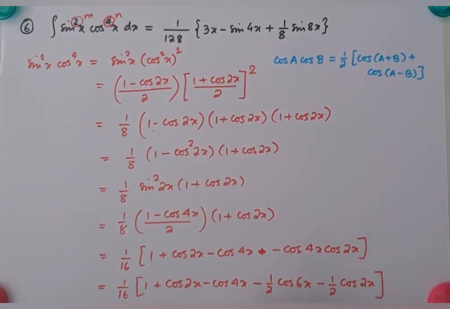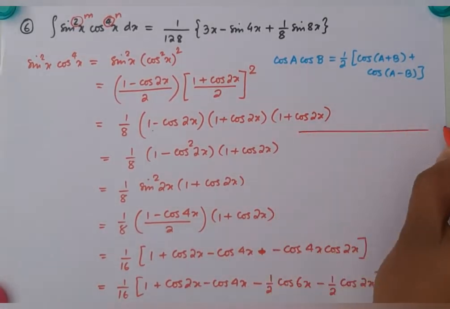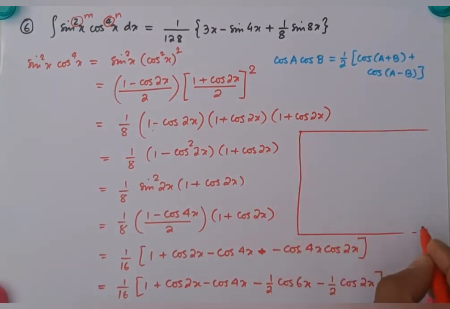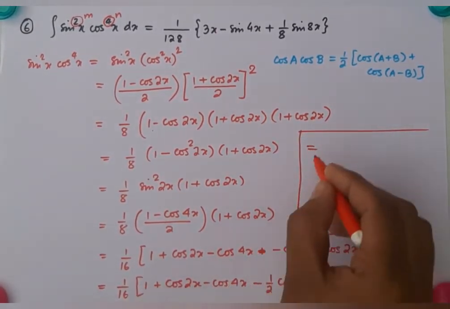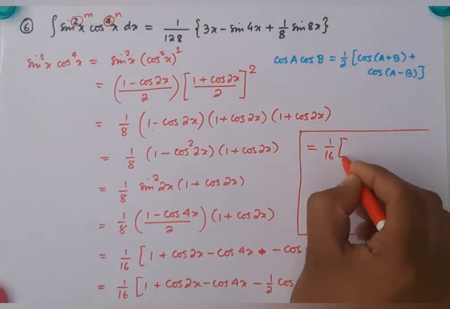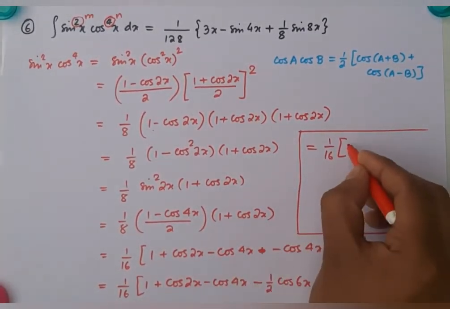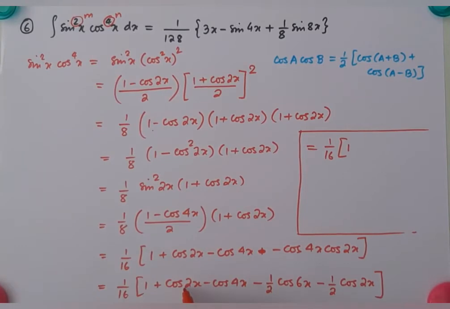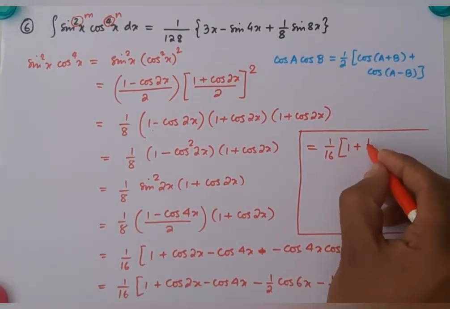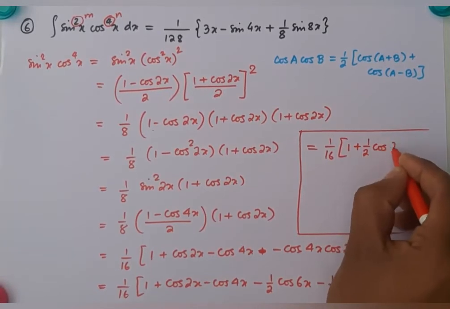Now your work is very easy. Let me write your final thing out here. So the next step is 1 by 16. 1 is left as it is. cos 2x, here we have minus half cos 2x, so altogether this becomes half cos 2x.